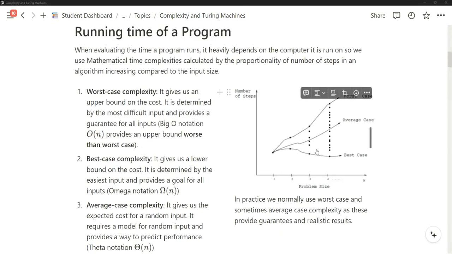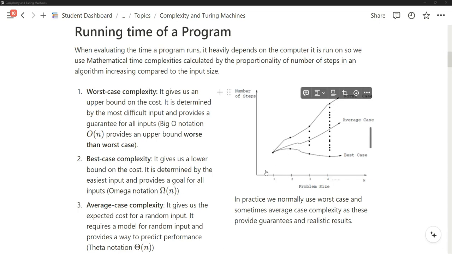Here you can see a graph, and the dots represent different inputs. You can see it's very rare to get the worst case. However, it's important because when we're designing systems, we need to know a guarantee: in what time is my program guaranteed to give an output. So that's why we use worst case.